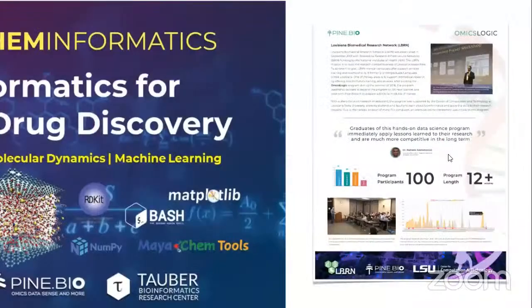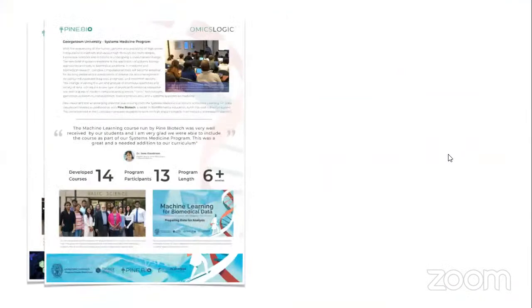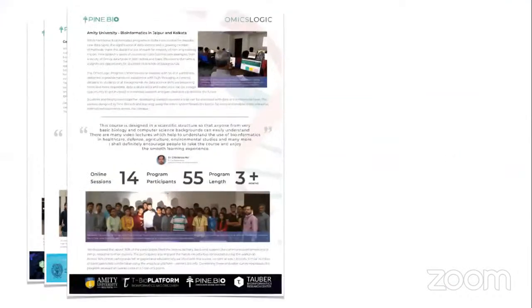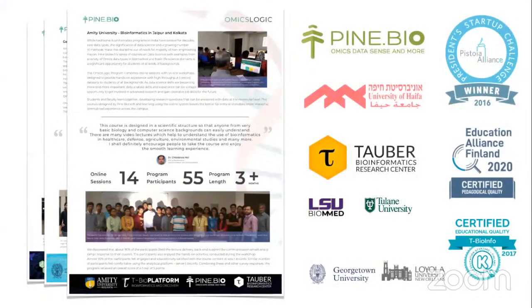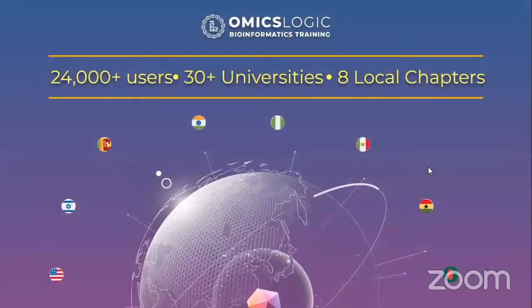Before we begin with today's webinar, let me take a brief moment to introduce you to the team behind the program. We are a US-based bioinformatics company working with multiple academic and commercial collaborators to develop easy-to-use analytical tools, and our mission is to make bioinformatics more accessible. As a part of the program, students will have access to the Omics Logic training that has been completed by over 24,000 participants from 187 countries in over 300 workshops.